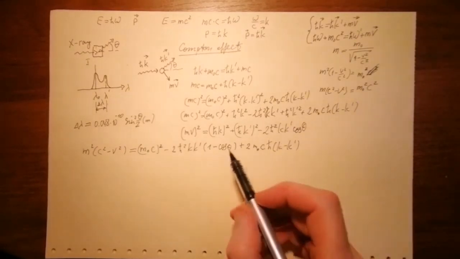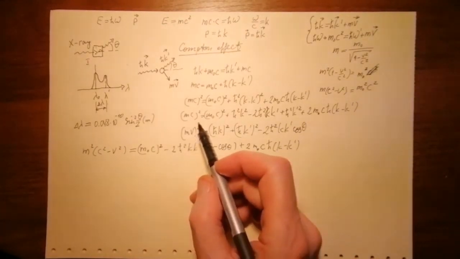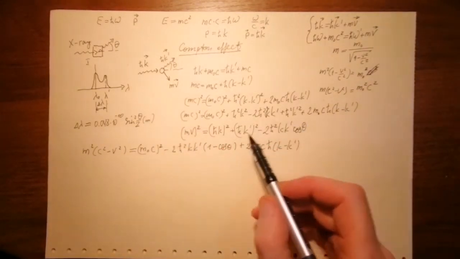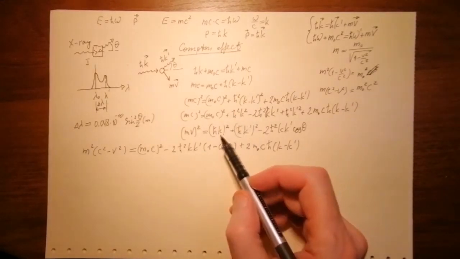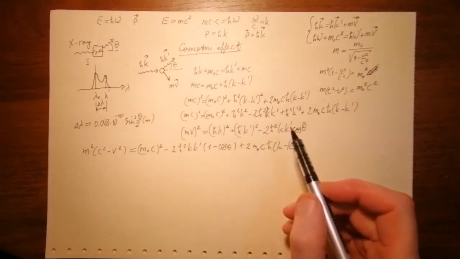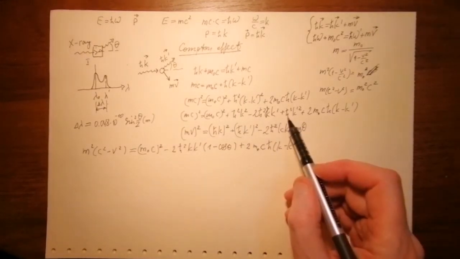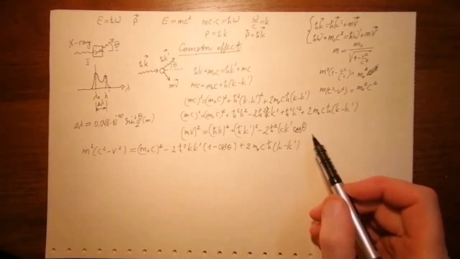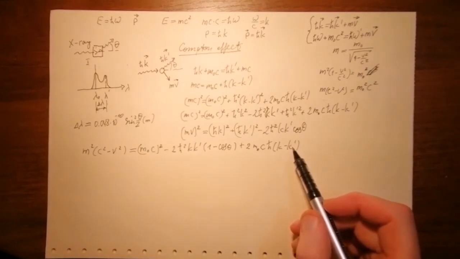We took into account that when we obtained this equation from the two equations, there was an h squared k squared here and an h squared k squared here, and the same for h squared k prime squared, so they cancelled, and the remaining terms are here.